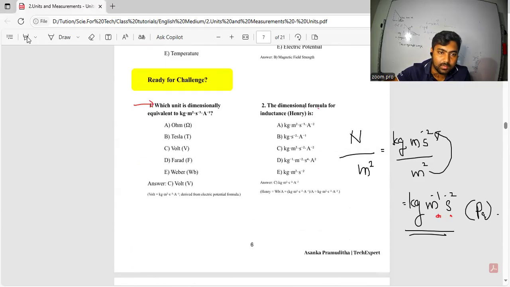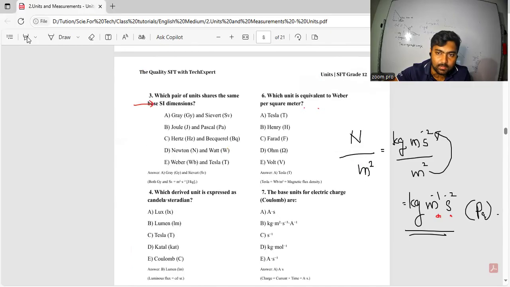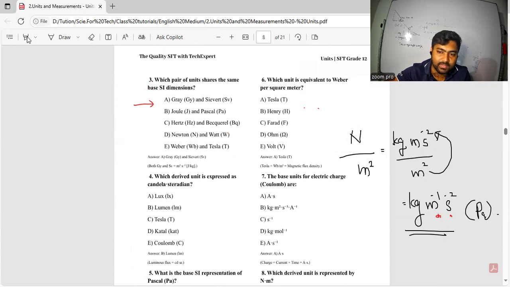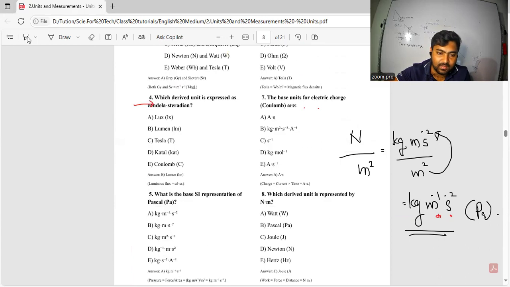Then you can try these questions too, but some of the questions are a bit advanced. But it is better to try.